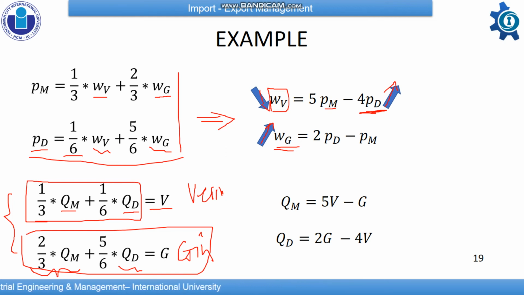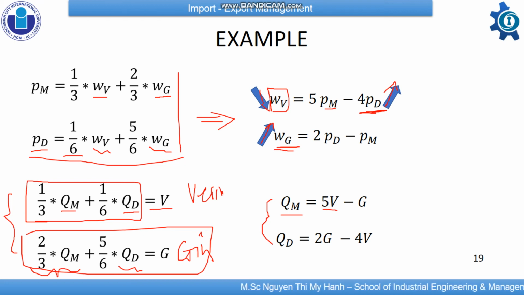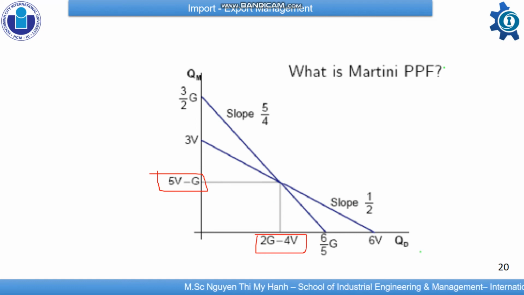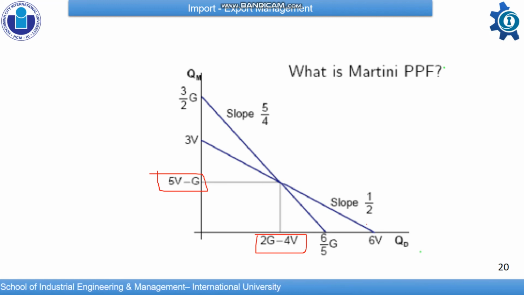The trade quantity is QM equal to 5V minus G, and QD equal to 2G minus 4V. So that is this point, the intersection of the vermouth constraint, this one is the vermouth constraint, and the gin constraint.